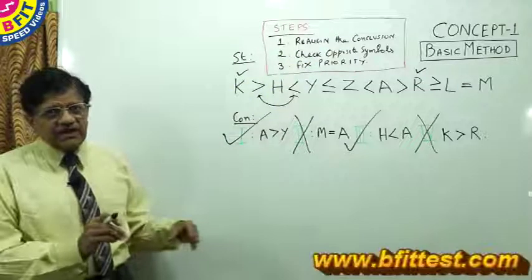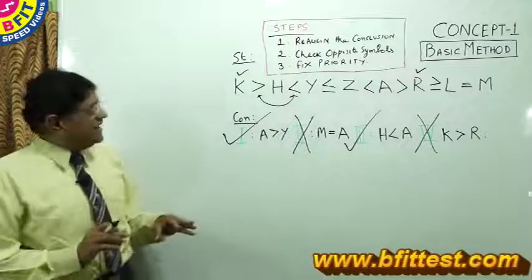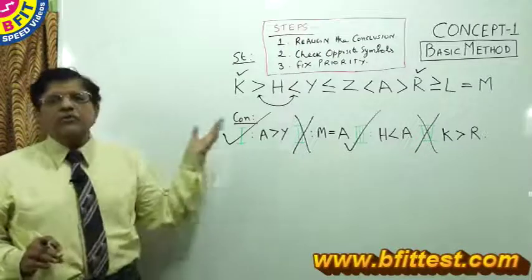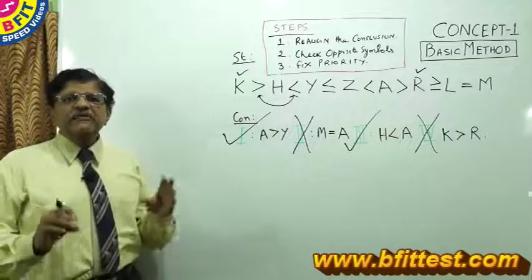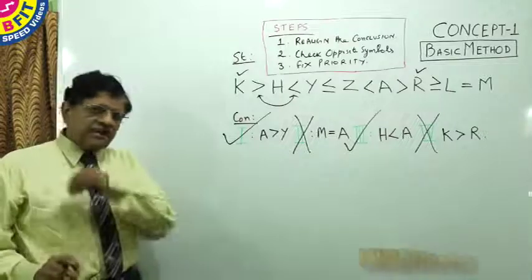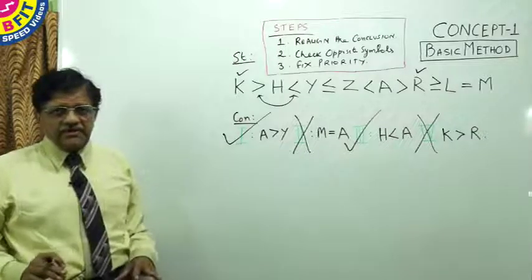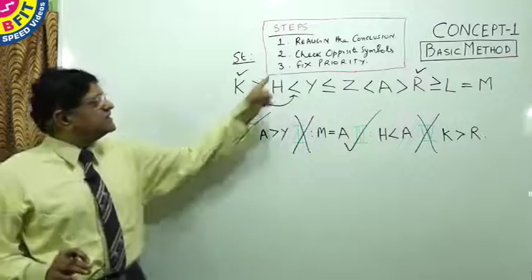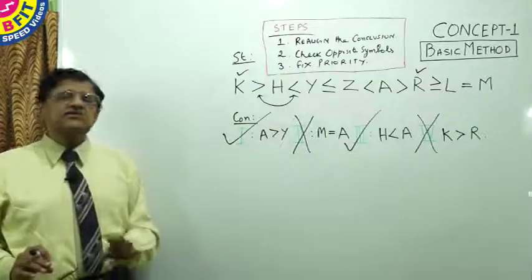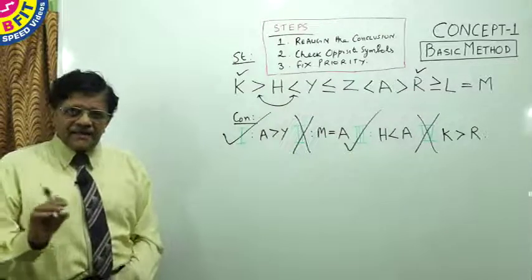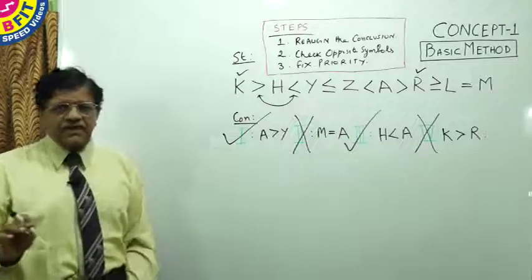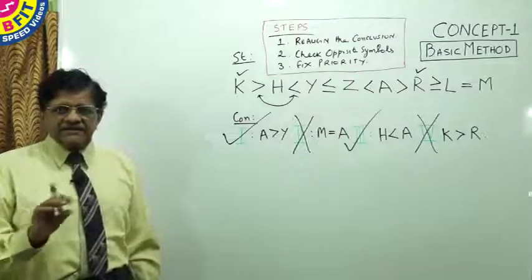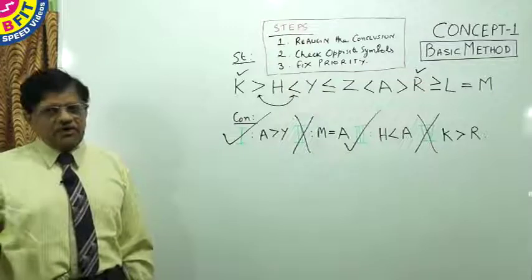If it is in the same order, leave it. If it is not there, realign. Then check for opposite symbols. If between the elements there are any opposite symbol, then there is no conclusion. If there is no opposite symbol, fix priority. Priority is to be fixed as greater than or equal to, is equal to, in that order. Similarly, less than or equal to, or equal to.